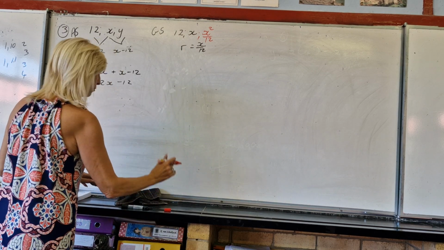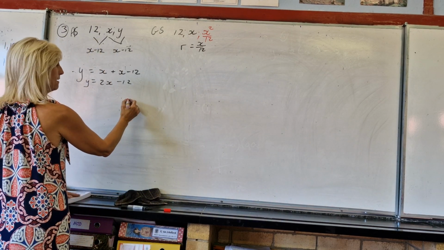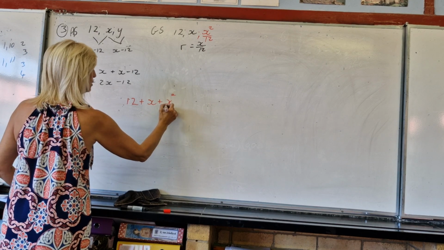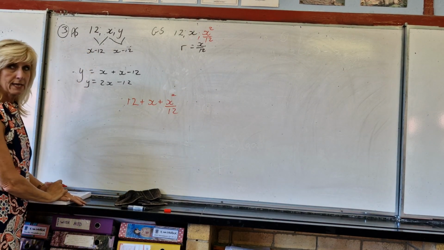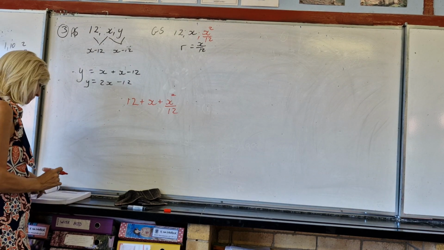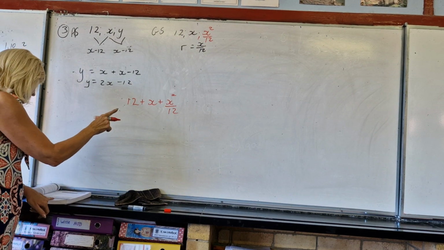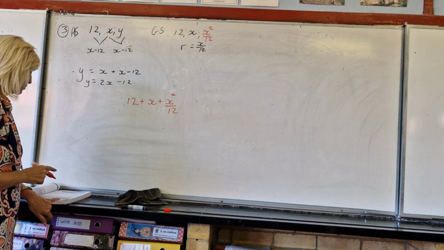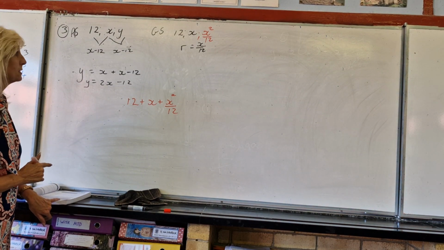Now the next part of the question says, if I take the sum of the first three terms of the geometric sequence, it will be 3 more than the value of the sum of the first three terms of the arithmetic sequence.